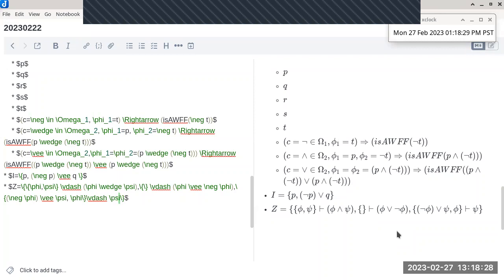The second one has to be the same thing as the negated well-formed formula on the left-hand side of the or. In other words, I'm using constraints. If they refer to the same Greek symbol, they have to be the same. If they're not referring to the same Greek symbol, they can be any well-formed formulae that is known to be true. Is that okay? Yep.